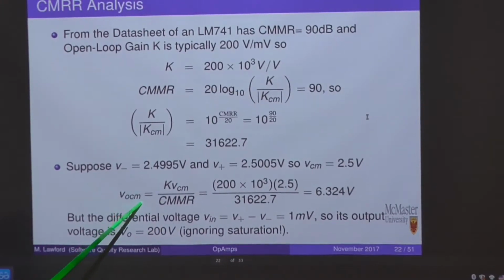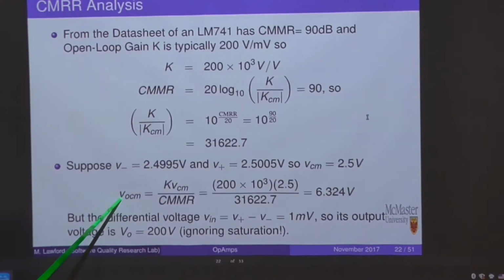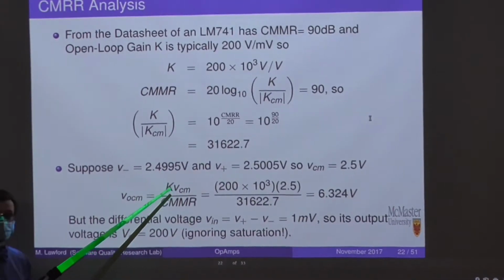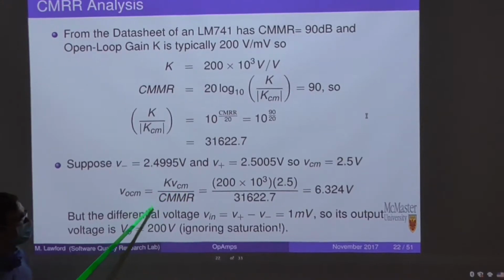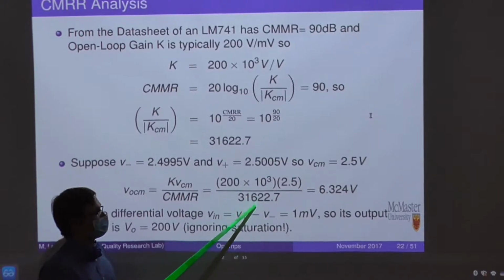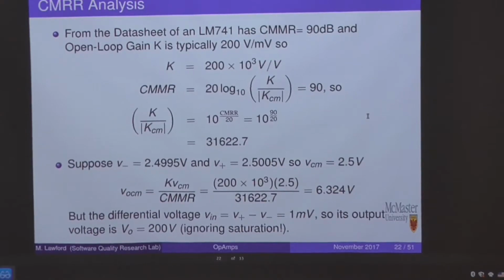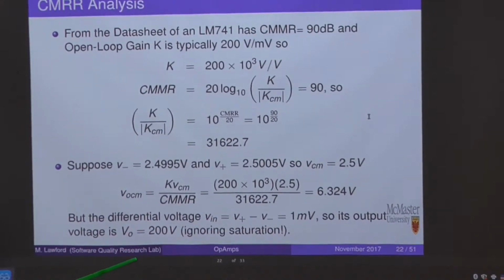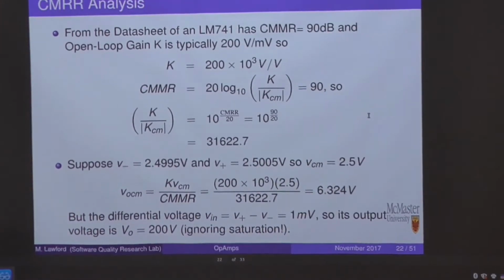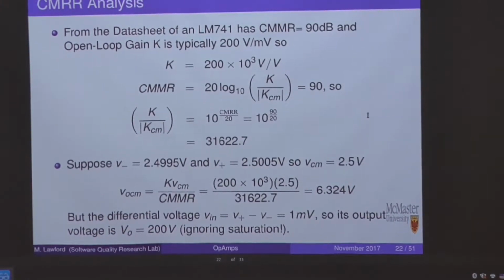So if we were to calculate then the common mode voltage multiplied by the gain divided by the rejection ratio, that would give us the amount of the amplified voltage that would be due to the common mode. So there. Anyway, I'm not going to quiz you on this, so don't worry about it.